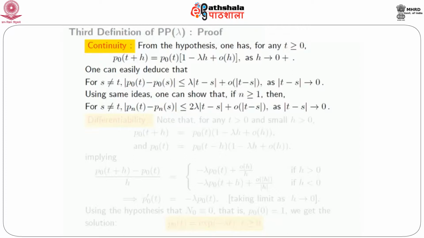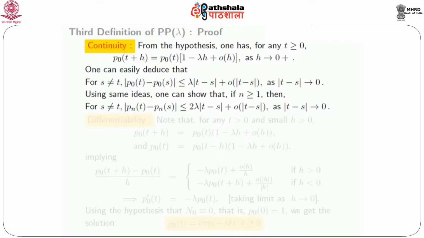Now these two are independent increments, so this becomes a product of the probability that Nt is 0 times the probability that N(t plus h) minus Nt is 0. P0(t) is the first factor, the probability that Nt equals 0. And the condition given in the definition is that the probability that N(t plus h) minus Nt is 0 is 1 minus lambda h plus little o of h as h goes to 0 plus. So it actually comes from the condition in the definition that we have just given.